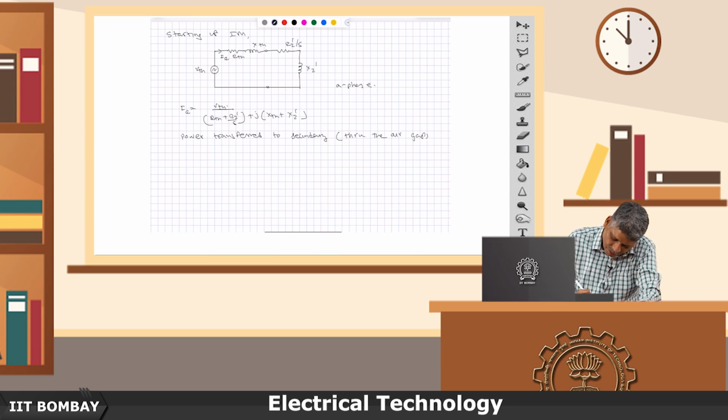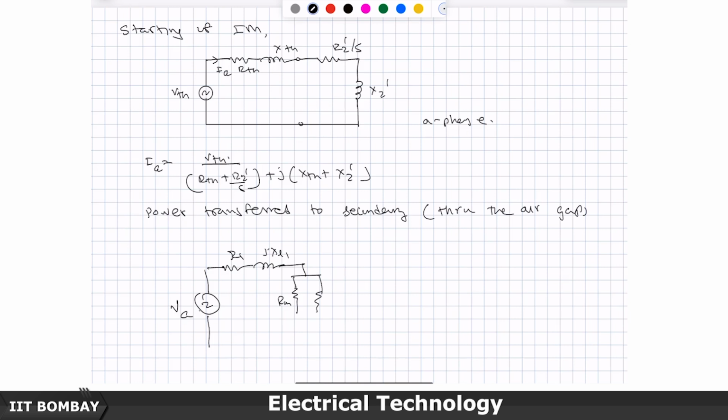And actually this is R1, the leakage resistance of the A phase, and this is the RM and JXM, and then this is R2 dash by S and this is JX2 dash.